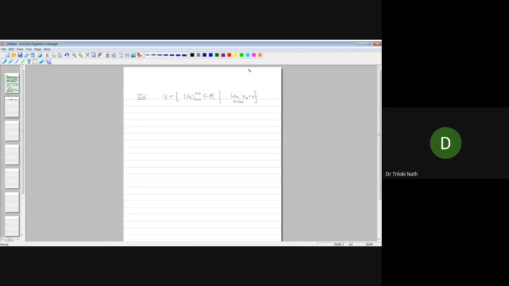What is this set? This set is the set of all sequences of real numbers which converge to 0. Then you can see that under the usual operations of addition and scalar multiplication, V is a vector space over R.